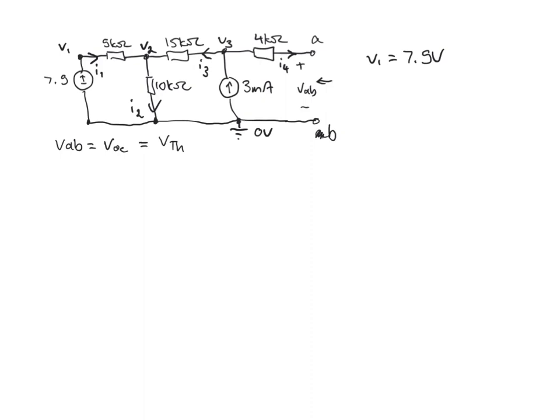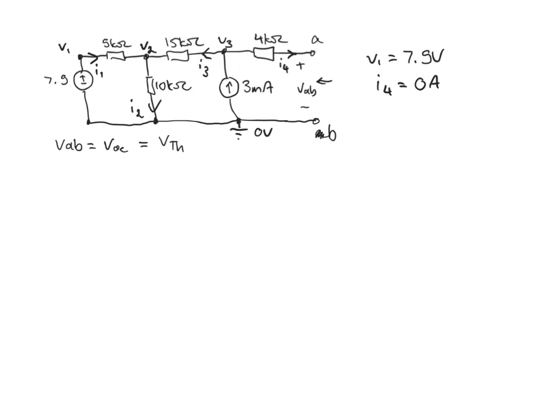And then we can also see that because we've open circuited the circuit, there can be no current flowing here because there's nowhere for it to flow. There needs to be a connected path for a current to flow. So we observe that I4 is equal to 0 amps. There's no current flowing there.